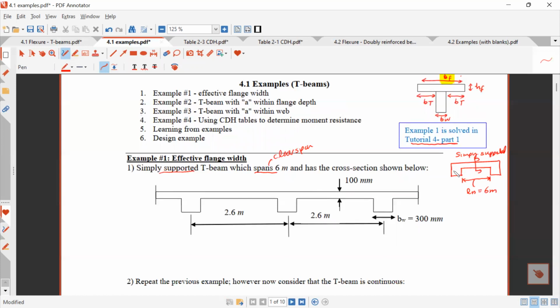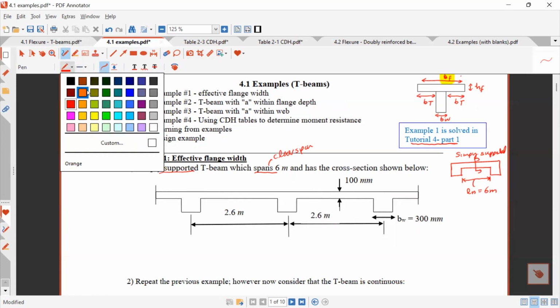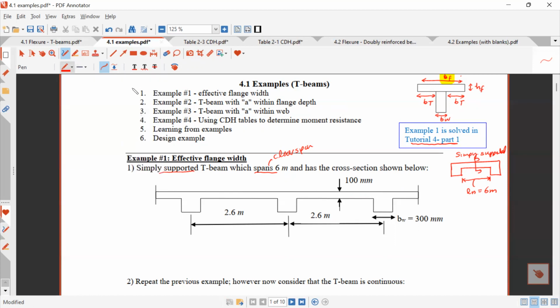Let's determine this BF. BF is equal to 2 times BT plus BW. We have these formulas for BT, and it depends on the support conditions. If you have simply supported, the first one here, we take the minimum of these three things.